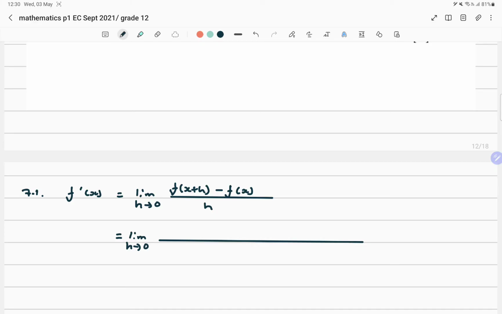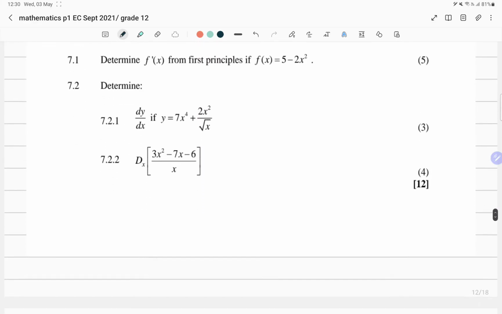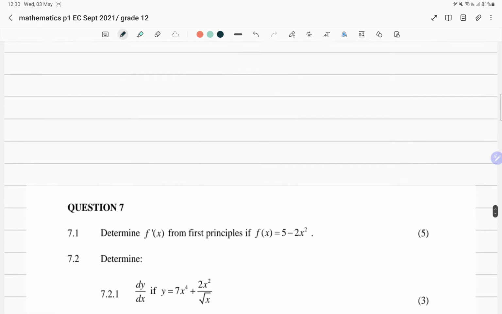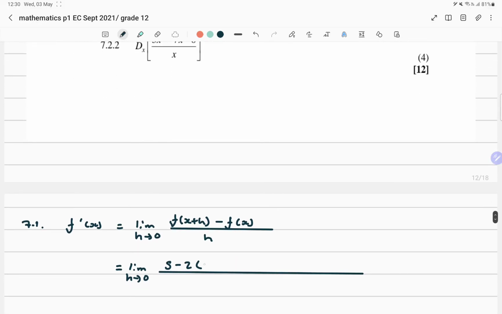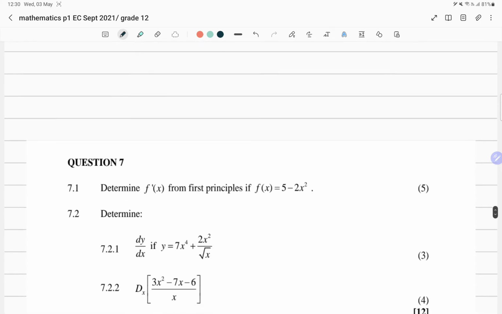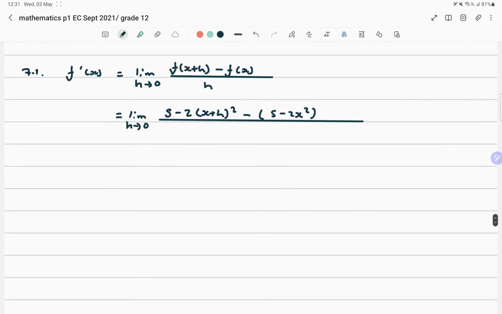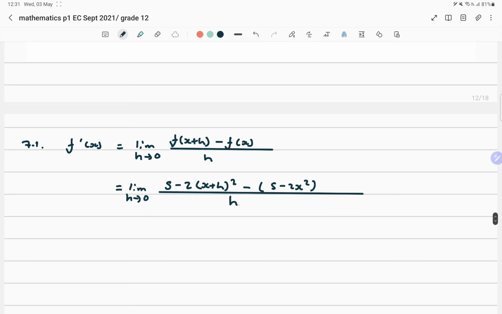Let's substitute. So we've got 5 minus 2 into, now instead of x we're going to put x plus h, and then that is squared. Then that's done. Then we're going to subtract. F of x is basically 5 minus 2x squared. Alright. So that's it over h. Now let's go for it.